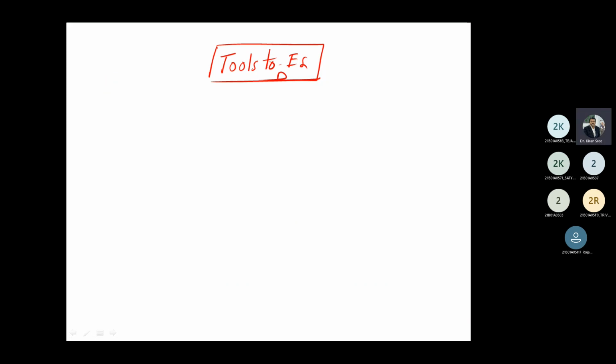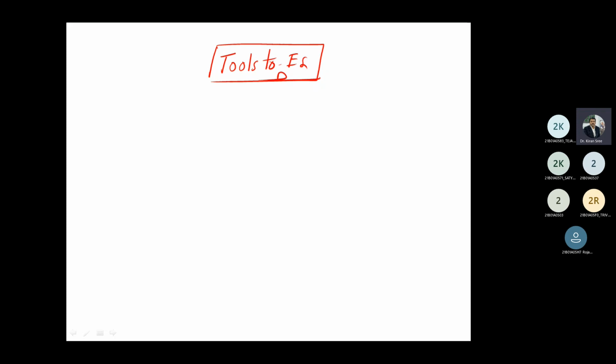Many of the tools will be based on the language that they use. Many of the tools will be based on knowledge acquisition, because most of the tools will give you the knowledge acquisition phases. And you have some companies; Prolog itself is a tool to design an expert system.